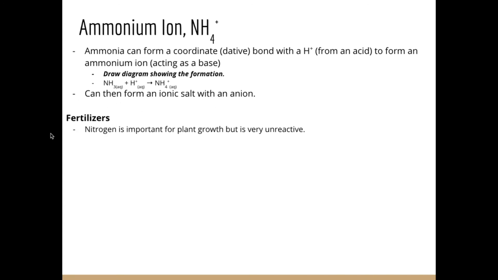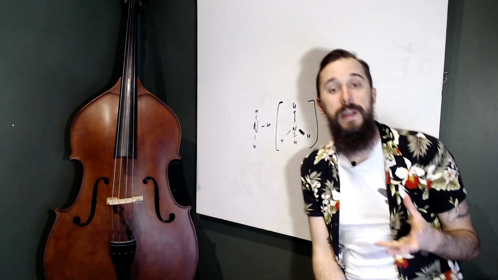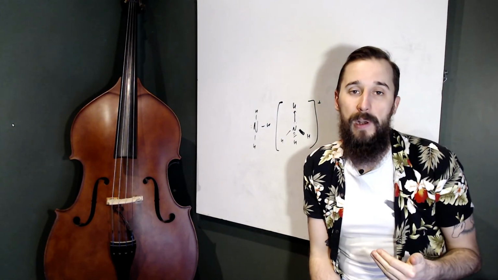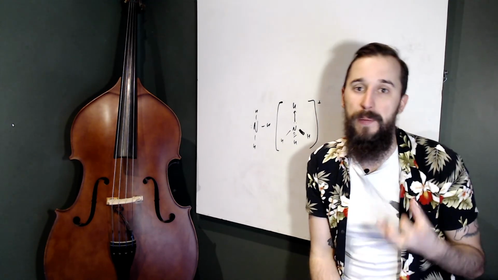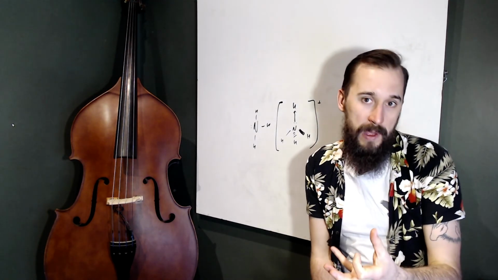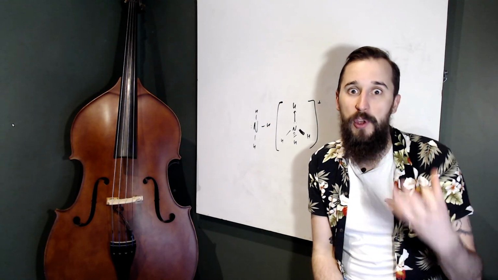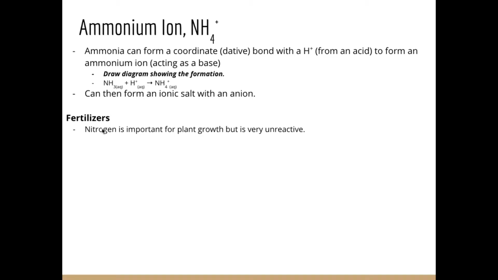So let's look at this application of fertilizers. The reason I said before why ammonia is so important is because it can be used in fertilizers that can replenish the nitrogen much quicker in the soil for the plants to use and grow than would occur naturally through, I guess, the natural nitrogen cycle. So very important for plant growth, but like we've said, it's very unreactive, triple bonds, very strong.